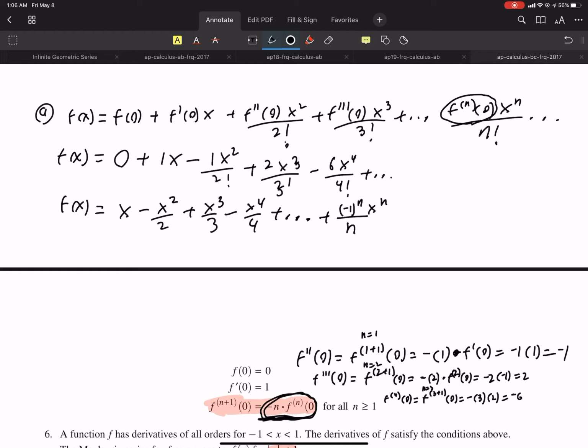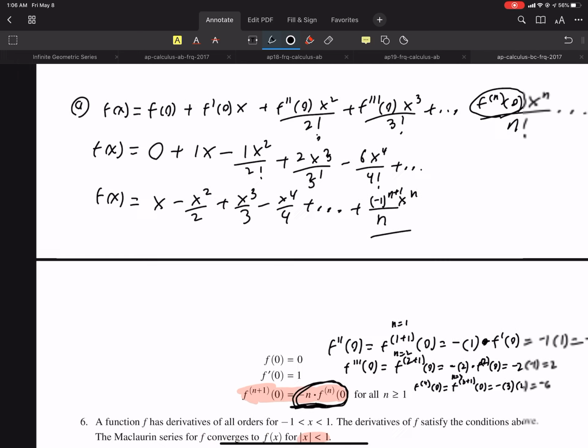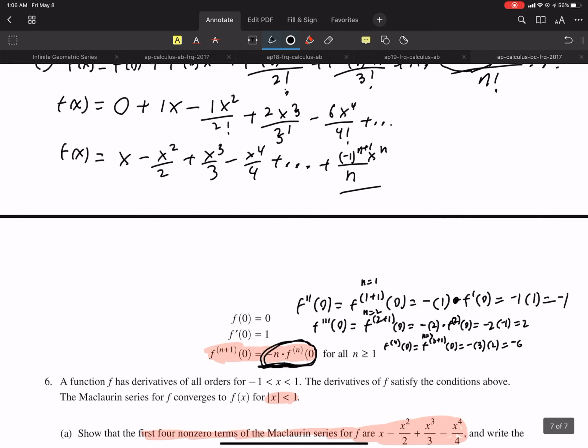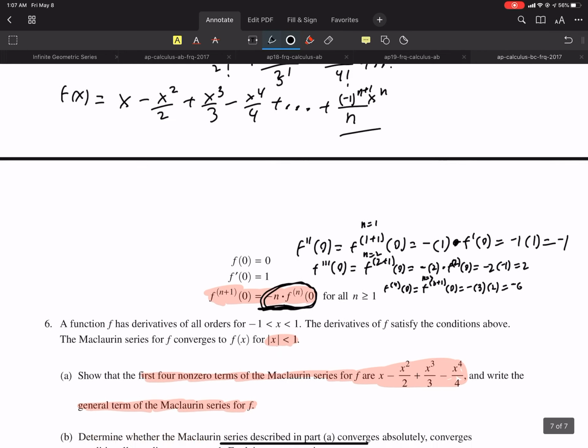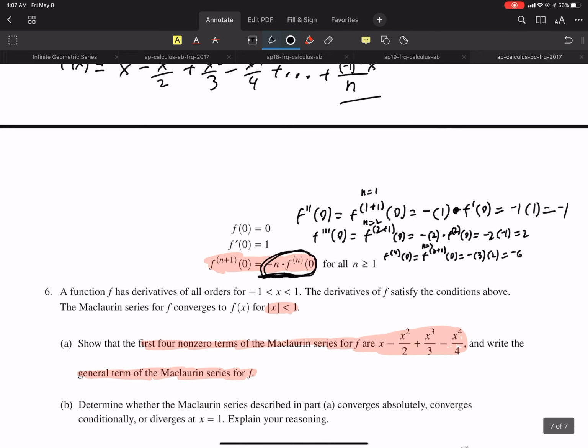So if we plug in 1, it's going to give us negative. So I need to add 1 to this. Now when we plug in 1 to n, I get a positive x to the first and n. So that is my general term there. So that's part A. So doing the first 4 terms was worth 2 points. That was pretty easy. But finding the general term, that was a little tricky.